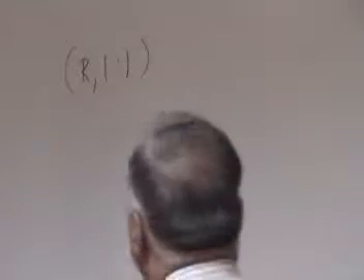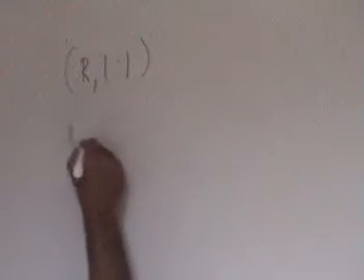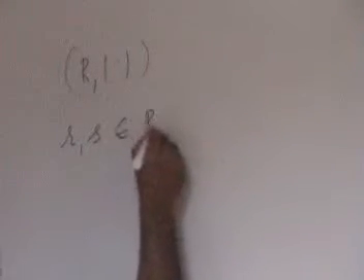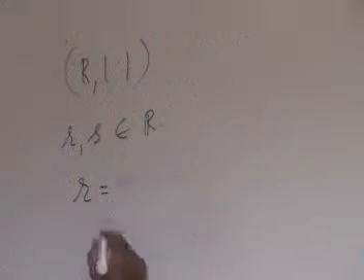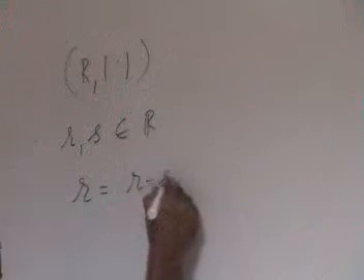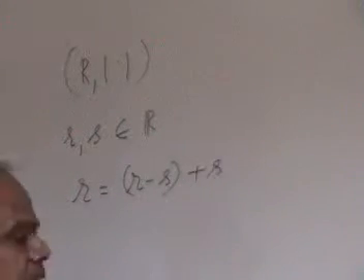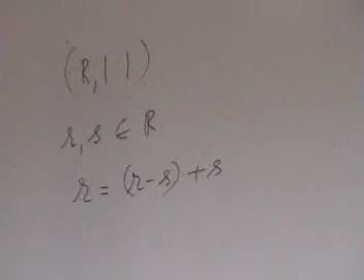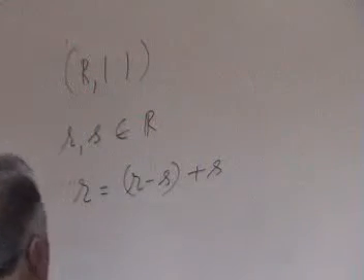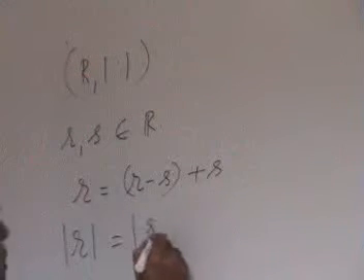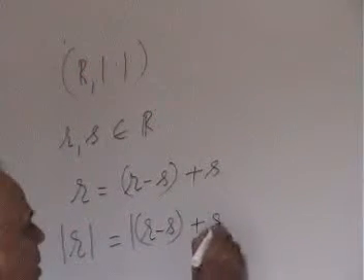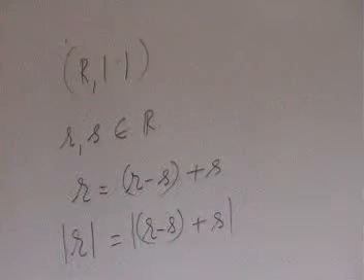Now, suppose r and s belong to R, then I write r as r minus s plus s. So the absolute value of r is equal to the absolute value of r minus s plus s.